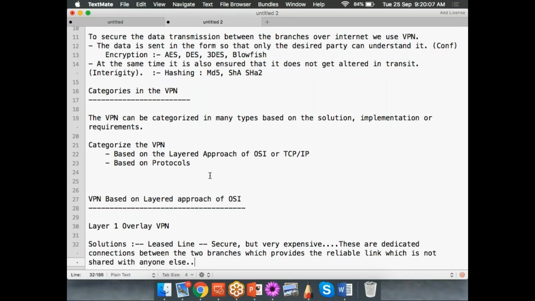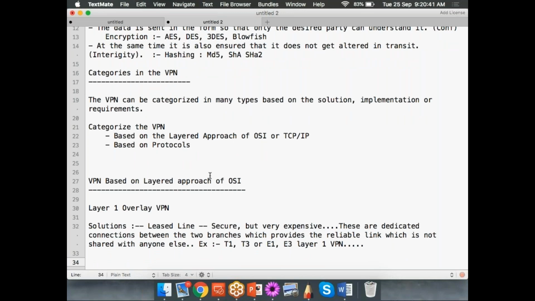It's a dedicated line. Okay. Now, examples are in this. I don't know whether you heard about this or not. There are T1 lines, T3 lines, or European standard is also there, E1 lines as well as E3 lines. So these are your layer 1 kind of VPN.